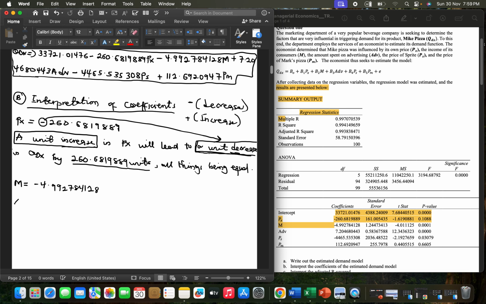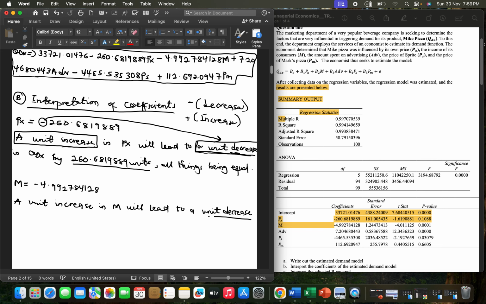So we start: a unit increase in M will lead to a unit decrease.